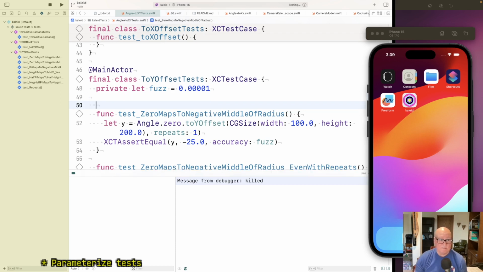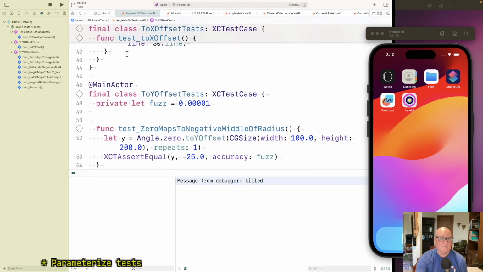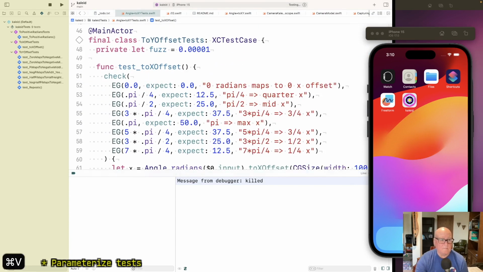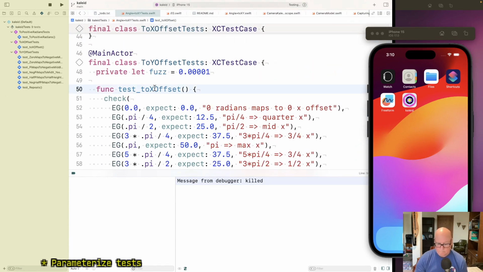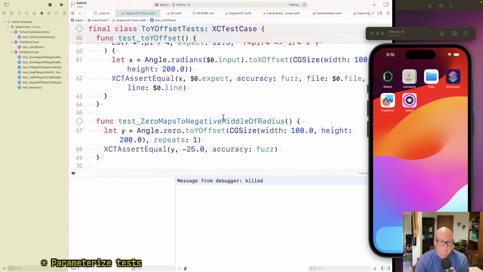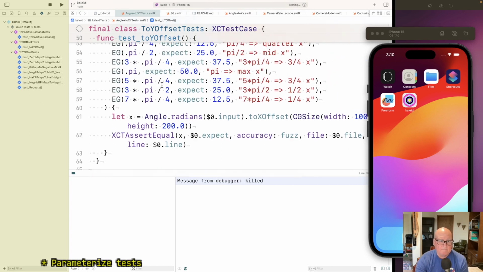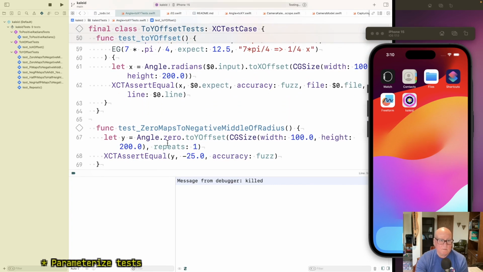Well, I'm going to exercise my impatience and start building this one. Zero. Let's take this code.